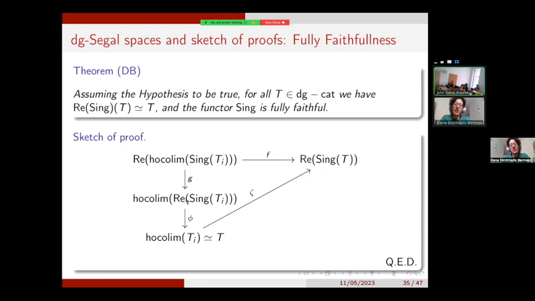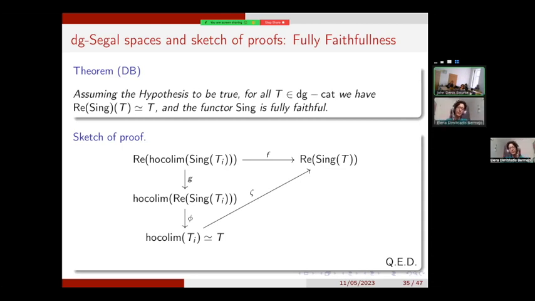This is a weak equivalence because R is a right adjoint. And this is a weak equivalence because the T_i are all free DG categories of finite type, and we said that for those, Sing is fully faithful. So this is a weak equivalence, this is a weak equivalence, but by 2 out of 3, this is a weak equivalence, and our functor is fully faithful.